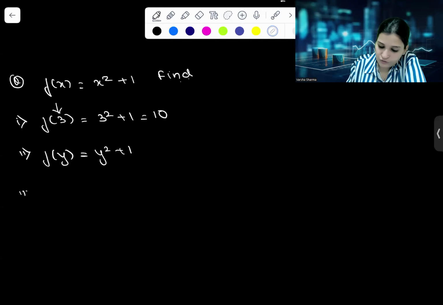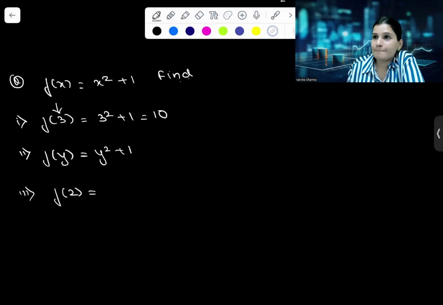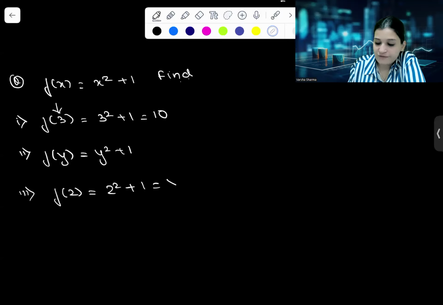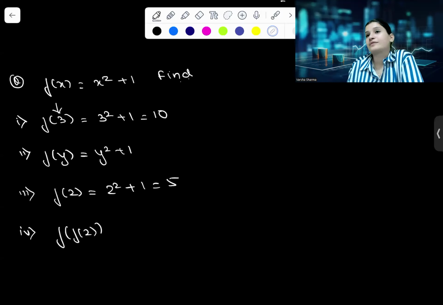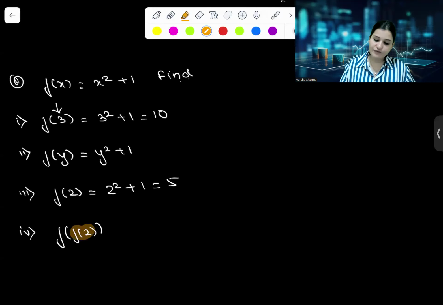If I would have asked you f of 2, it would be 2 square plus 1, that is 5. If I would have asked you f of f of 2, then what we do is we start solving from the innermost part. So inside I had f of 2.